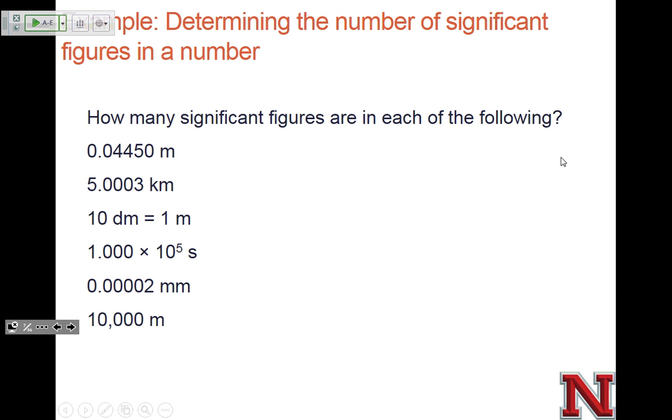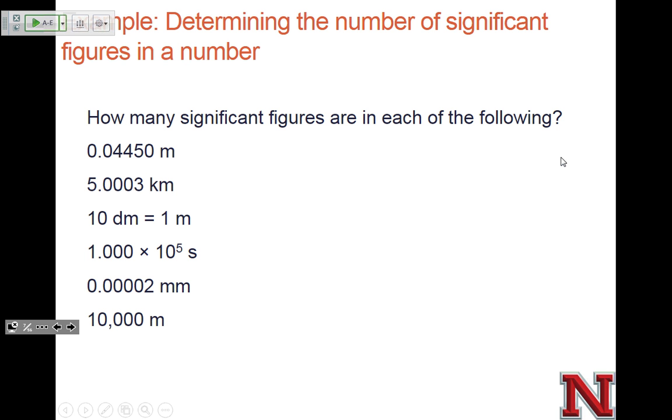So let's look at some examples. In this first example, how many significant figures do we have? We have 4. We have 3 non-zero numbers. These 2 zeros are coming before our non-zero numbers, so they are not significant.